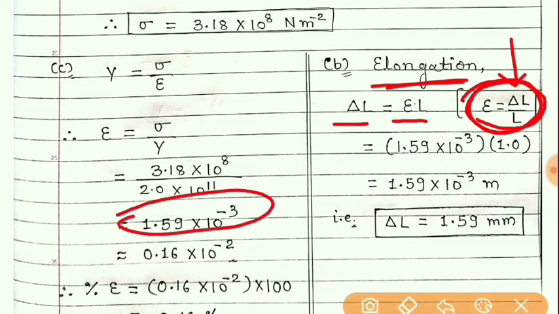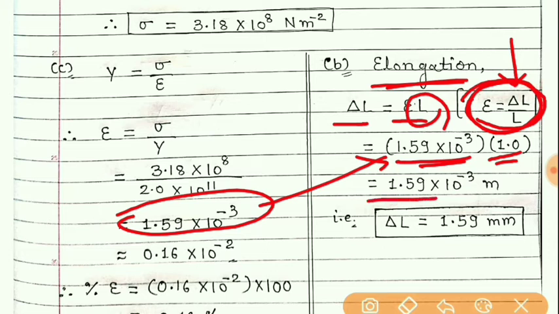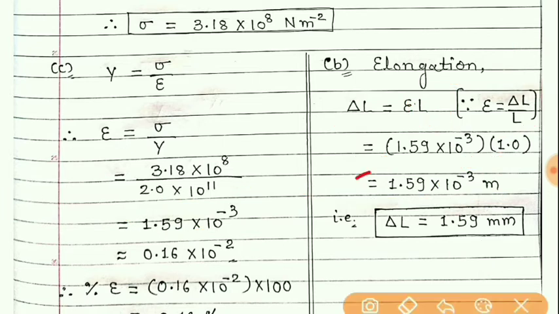Epsilon is this, and original length is given 1 meter, so it is here. So finally we will get change in length as 1.59 into 10 raised to minus 3, but 10 raised to minus 3 means it is milli. So we can write this as an answer, then also it is correct. Or in place of 10 raised to minus 3 we can write milli, so millimeter. So change in length, that is elongation, is 1.59 millimeter.